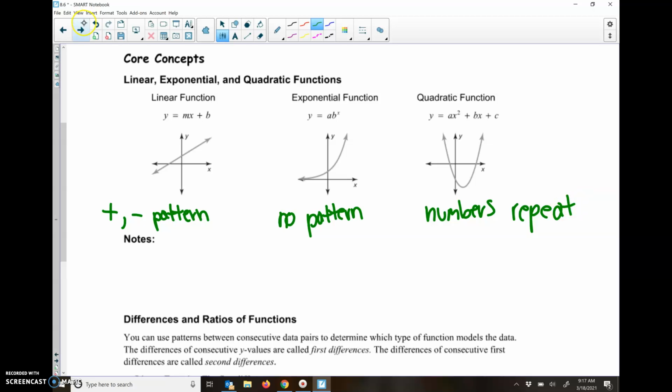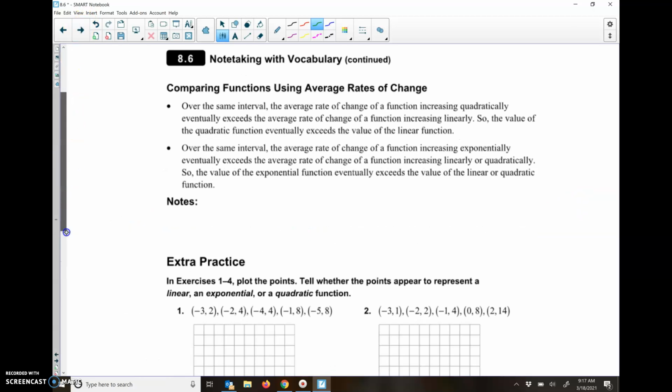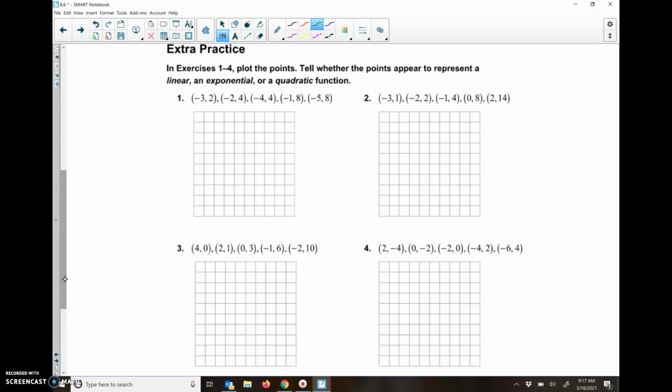Okay, so let's look at another one that has graphs here. So we can kind of look at the numbers and maybe get a good guess on what's going to happen here. But let's just graph a couple of these so we can kind of see one of each.